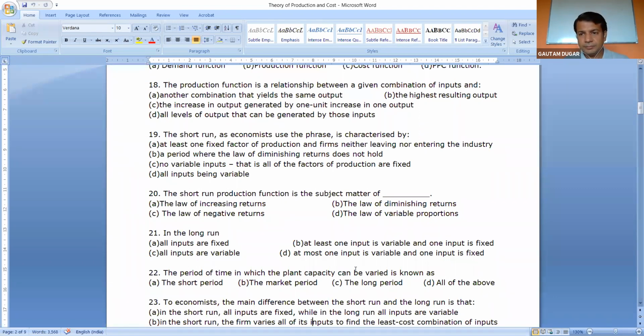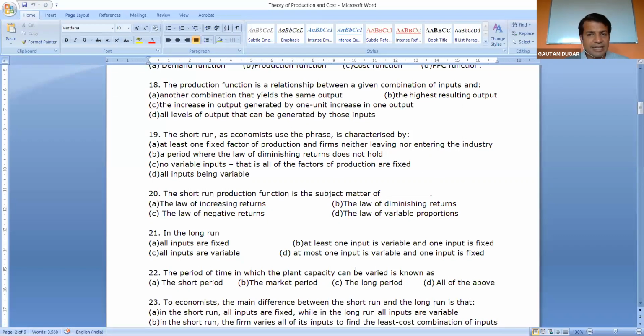A. At least one fixed factor production, the firms neither leaving nor entering the industry. In the short run, entry and exit of firms is not possible, and there is at least one factor which is fixed. The short run production functions as subject matter of.